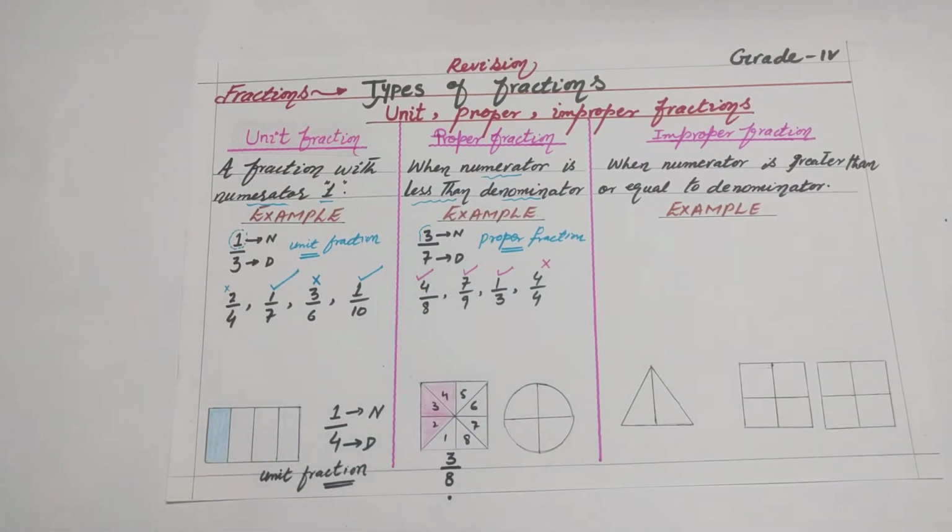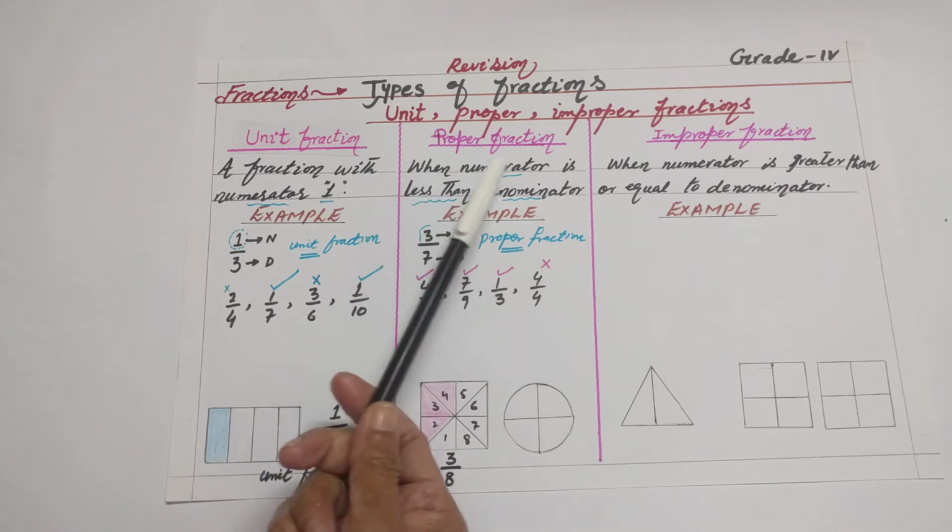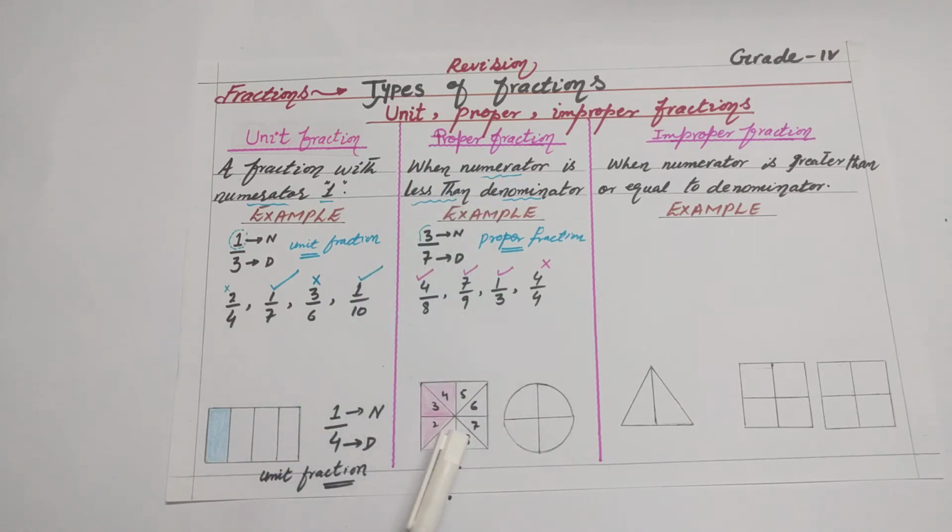So if in an assignment or in an exam I give you a question like draw a diagram to represent the proper fraction, you have to draw a shape in which your used part is less than the total parts of the whole.